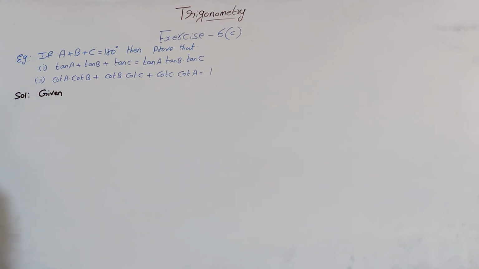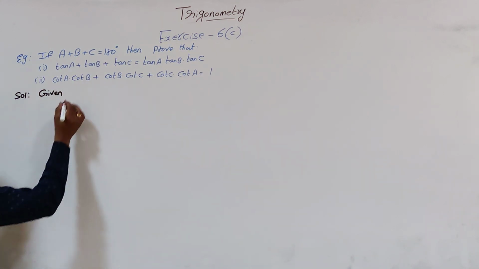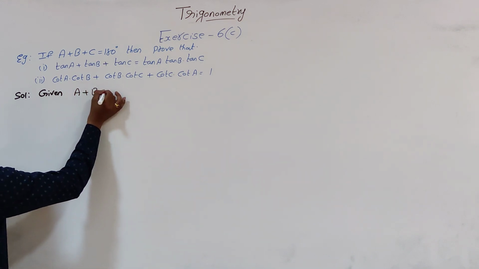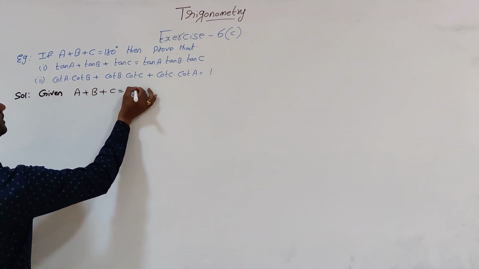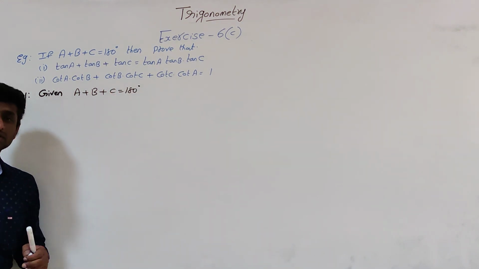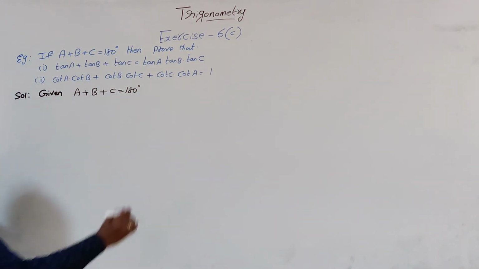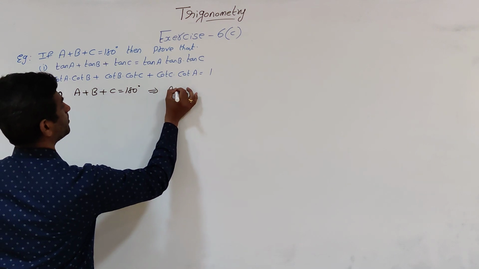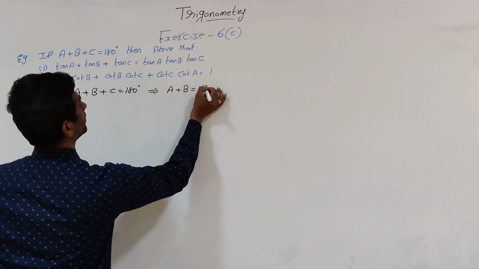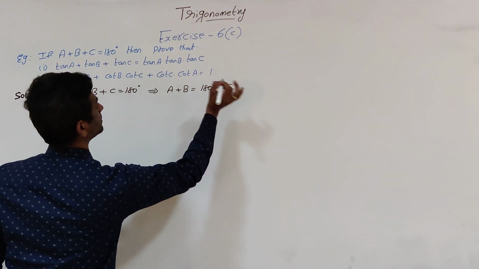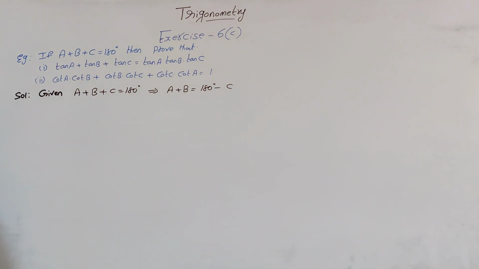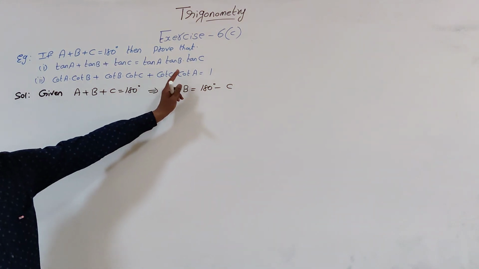Given A plus B plus C is equal to 180 degrees. Means one angle can be taken to the other side. A plus B is equal to 180 degrees minus C. Now we can apply tan on both sides.